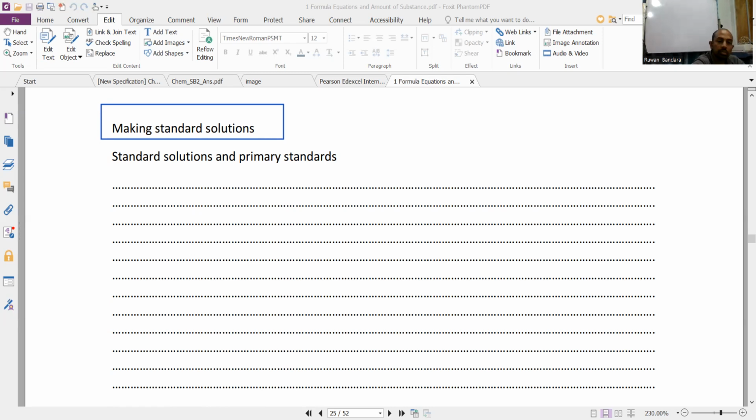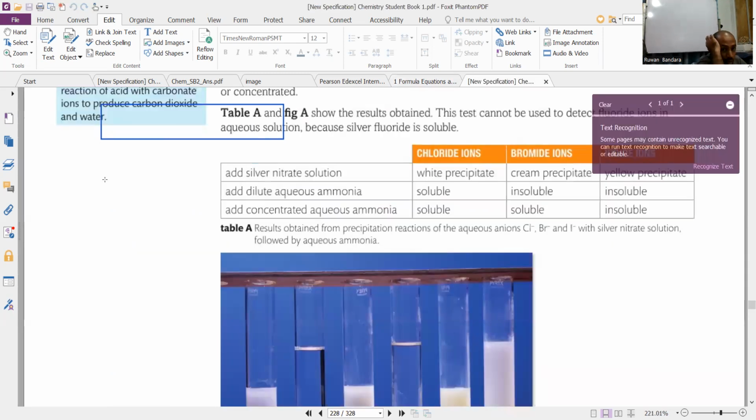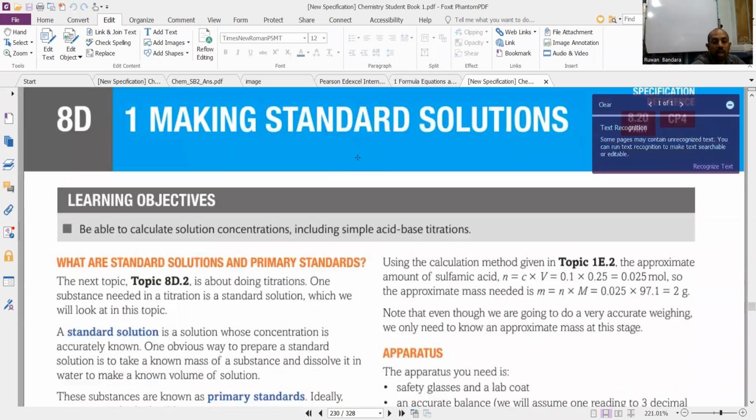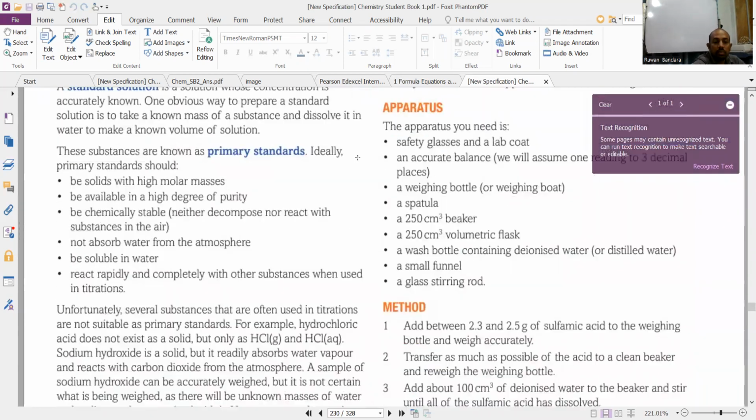The solutes used for this process are known as primary standards.